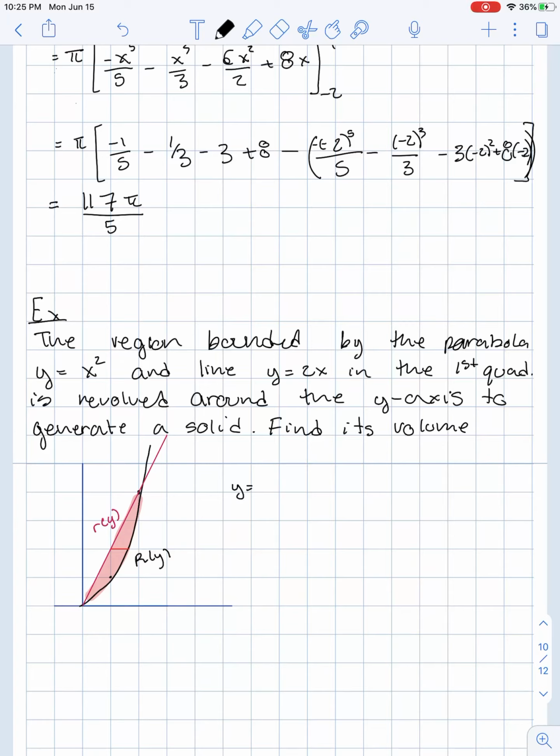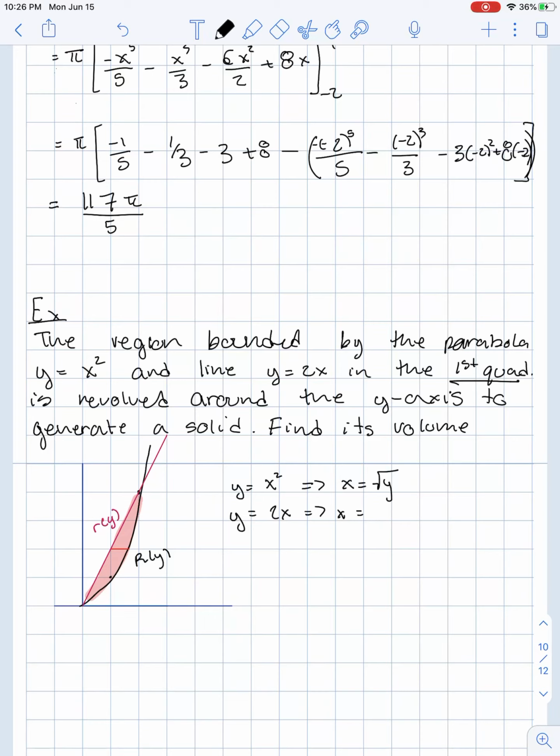So that just means that y equals x squared is going to turn into x equals the square root of y. And we know it's positive because I'm told I'm in the first quadrant. And I know that y equals 2x is going to turn into x equals 2y.